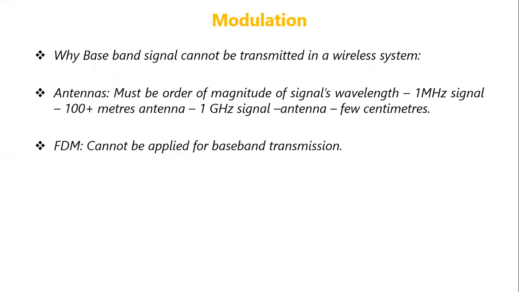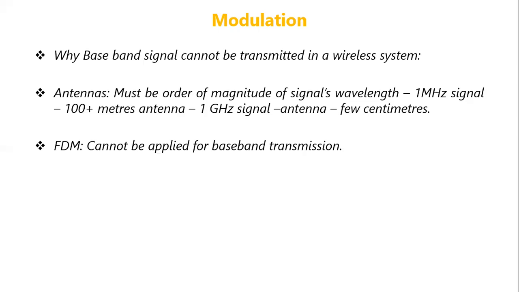This is one reason why the baseband signal should pass through analog modulation, so that its central frequency moves from baseband to the frequency of the radio carrier, which is a higher frequency. If the signal is converted to a higher frequency, the antenna size can be reduced. That is the first reason.